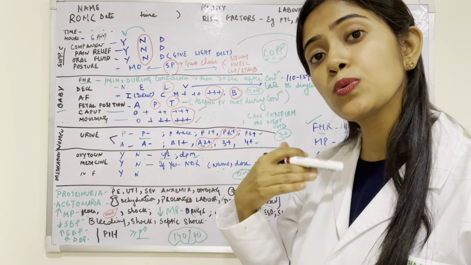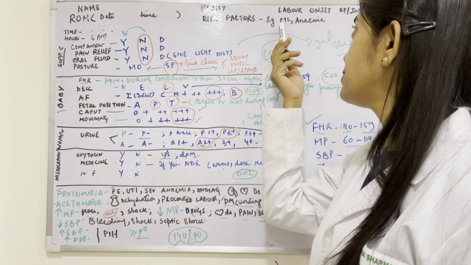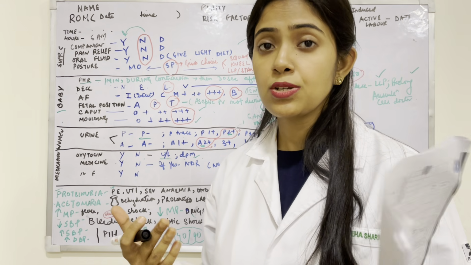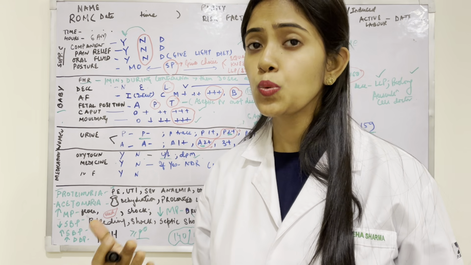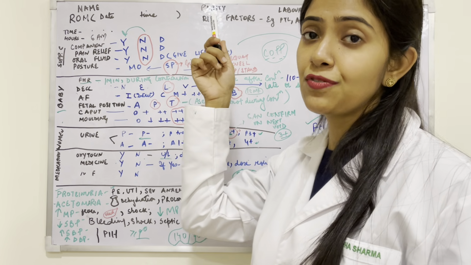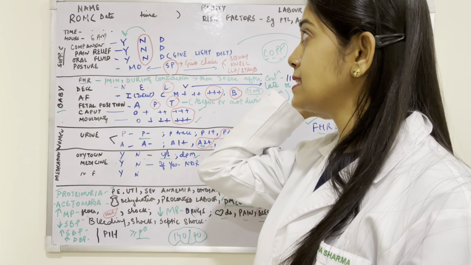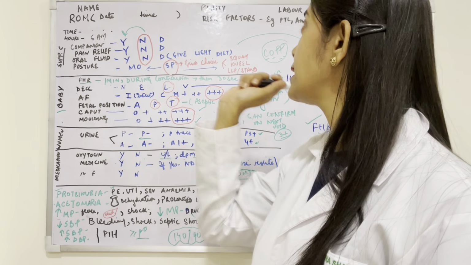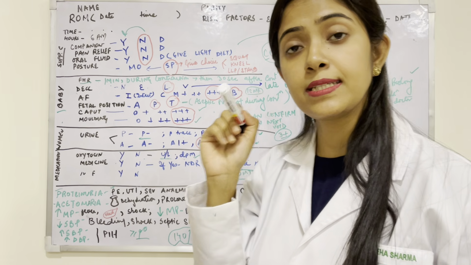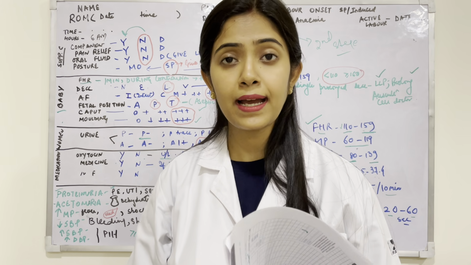Associated risk factors with this pregnancy, for example, it could be a preterm labor, anemia, obstetric cholestasis, diabetes, preeclampsia, eclampsia, that is all to be mentioned in the risk factor section of the identification part. And last but not the least, we have to mention the date when the lady went into active labor.